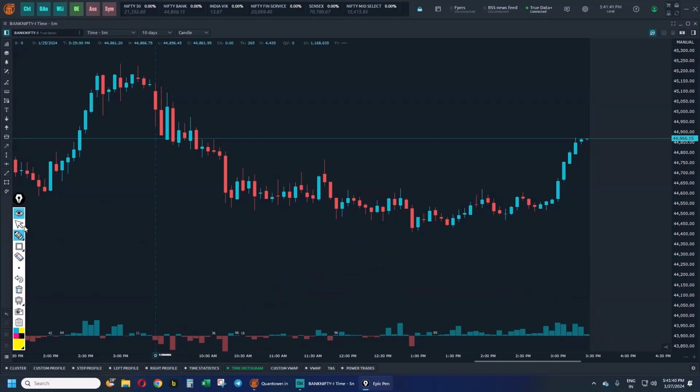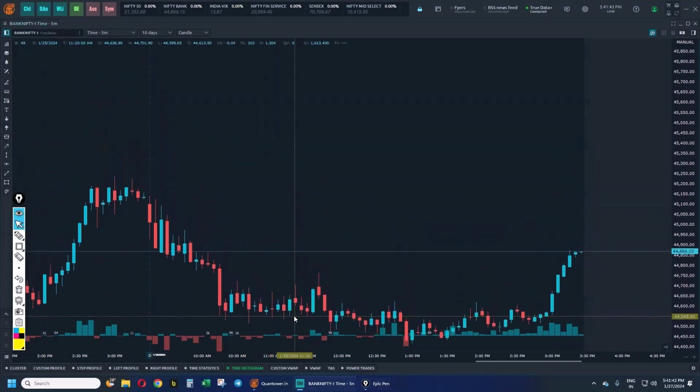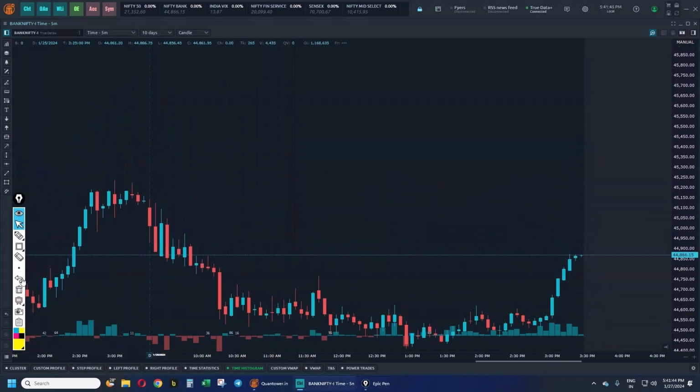So here, let me just place this way. Now, you will find that this is red candle, red delta. Here, green candle, green delta. Now, here, understand that red candle, green delta.